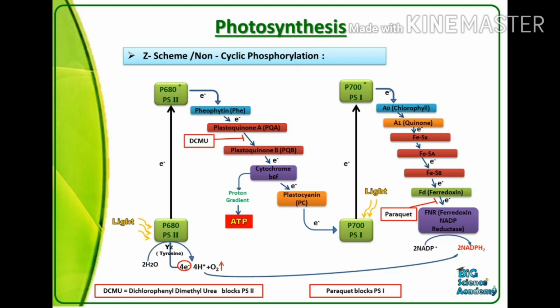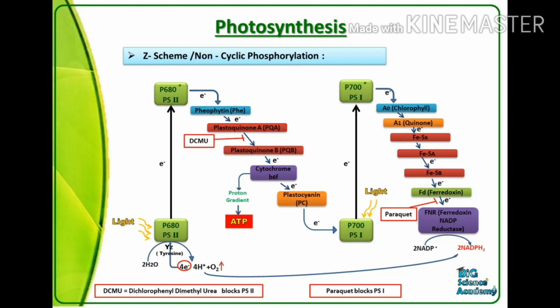The chlorophyll molecule then gives the electron to the quinone molecule, which is A1. The quinone molecule then donates the electron to various iron sulfur clusters, that is here it is given the 3 iron sulfur clusters, that is FeSX, then FeSA, then FeSB, and the iron sulfur clusters then ultimately donate the electron to ferredoxin.